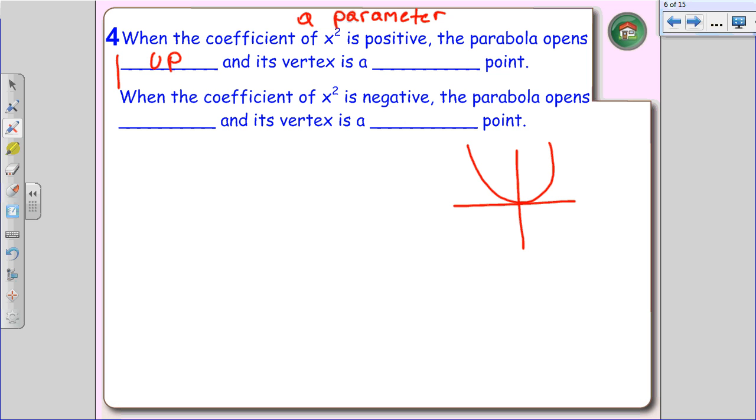It's a cup facing upwards. And its vertex is a minimum point. When the coefficient of x squared is negative, the parabola opens down. So it looks something like this. And if you look at that, you hopefully see that the vertex is a maximum.